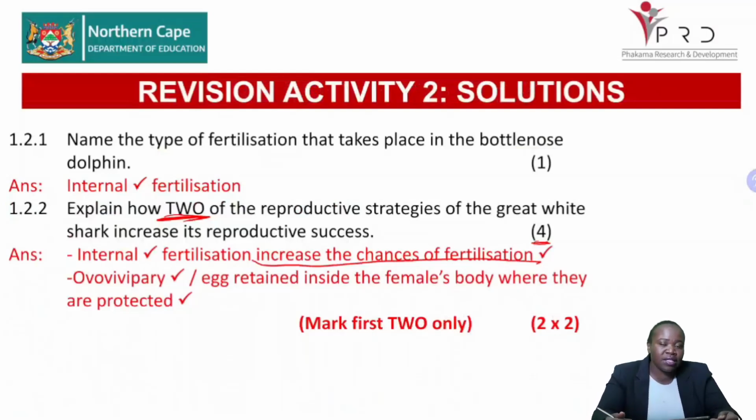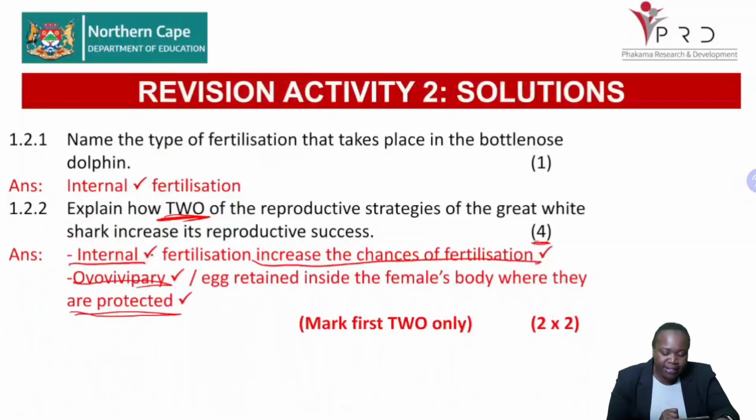Chances of survival in this case, because it is inside the mother's body, will increase. So you get a mark for mentioning internal and explaining how it increases the chances of fertilization. And then you talk about ovovivipary, you get a mark for that. And the fact that the eggs are retained inside the body where they are protected, increasing chances of survival, is another mark. So it is 2 marks times 2.